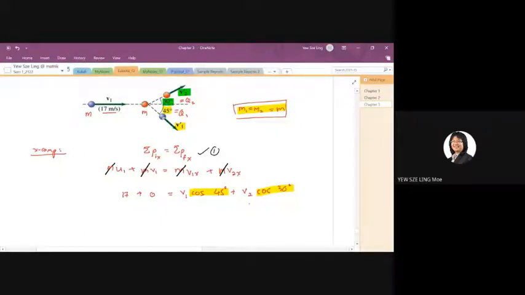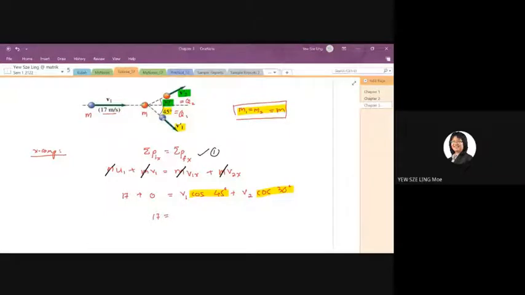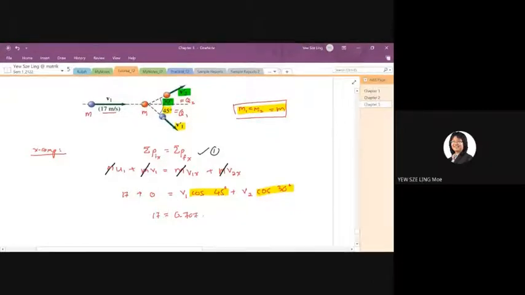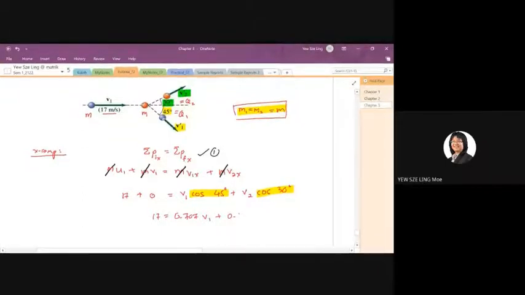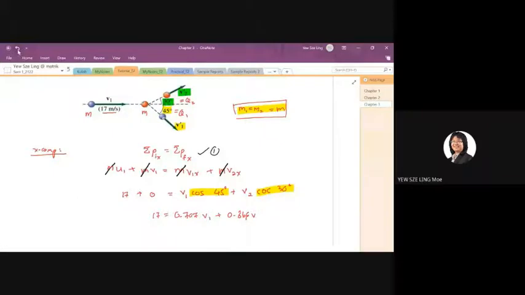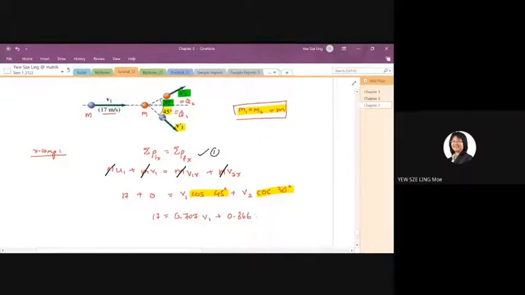It looks complicated, I got a cos theta, I got a sin theta. What should I do? You can press the calculator and get the value first. So cos 45 degrees will give you 0.707 V1 plus cos 30 degrees will give you 0.866 V2.